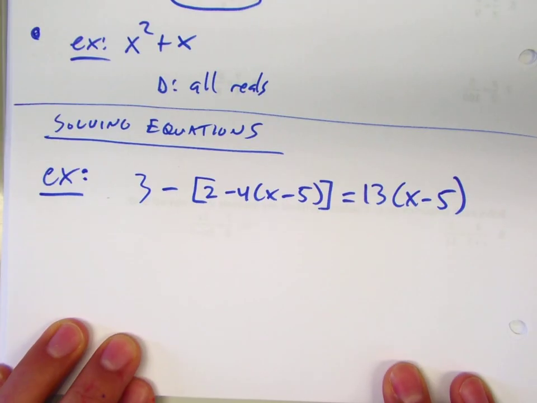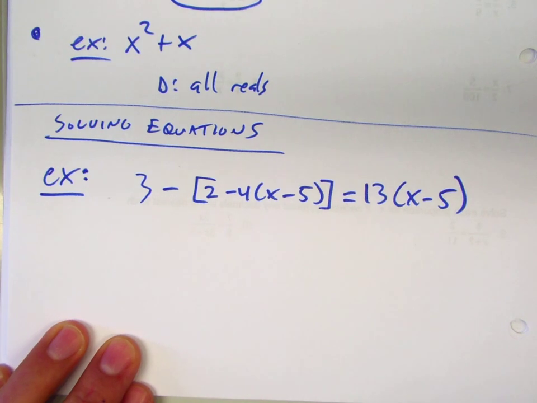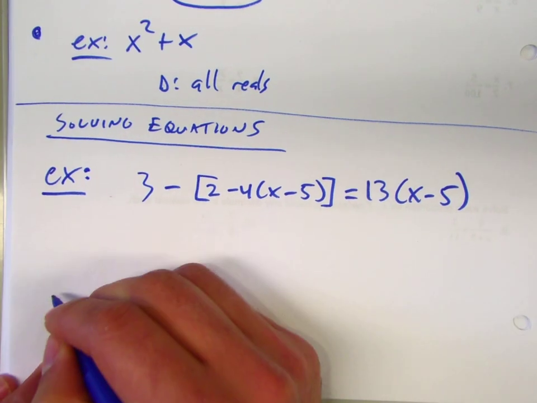So here's a linear, about as complicated of a linear equation as we're going to deal with. So if you guys can get this, we're okay. All right, so try that one. And then let's set up 2 more.